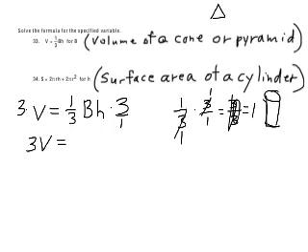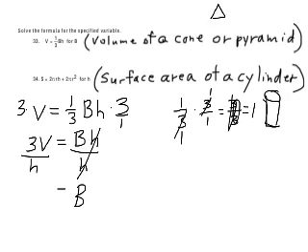Okay, so now we just have bh. Okay, so now we need to eliminate that h, and the way to do that properly is to divide by h. Both sides, of course, that cancels. So we get b equals 3V over h.